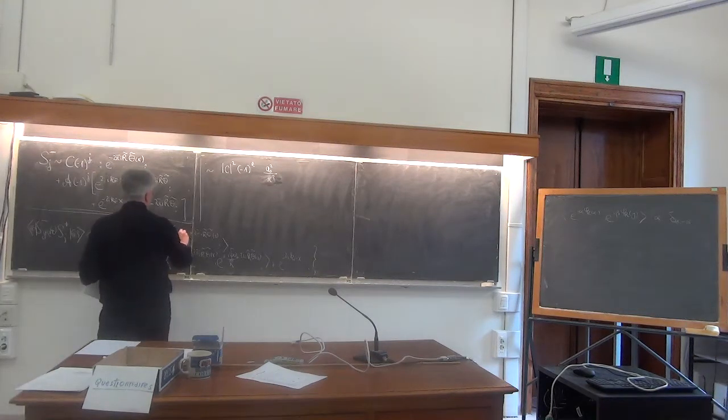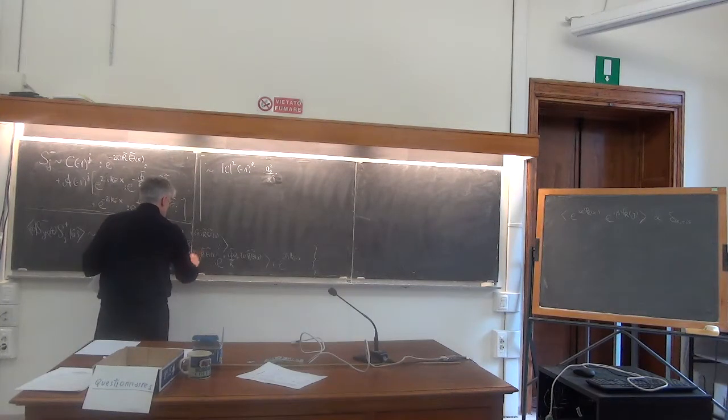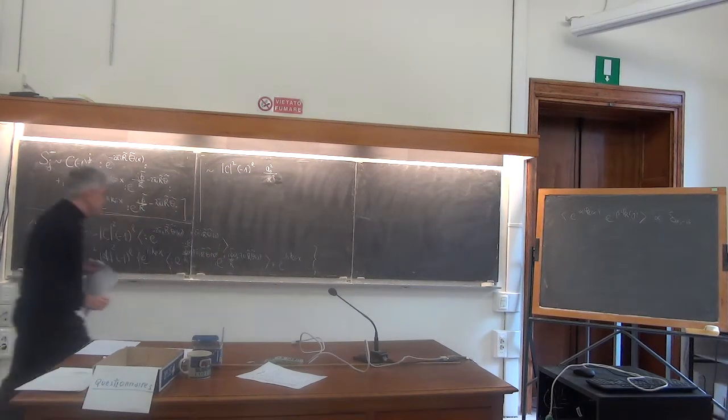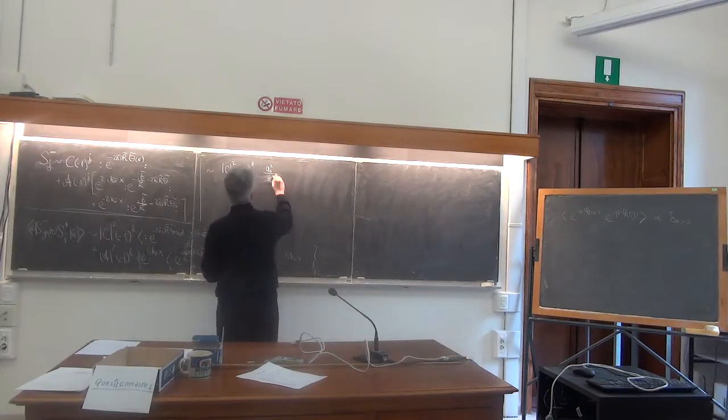So then I get a time dependence here, no time dependence here, time dependence here, time dependence here. Okay, and then here I get x squared minus v tilde_F squared t squared.